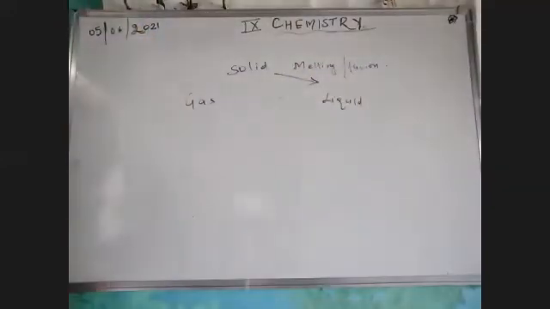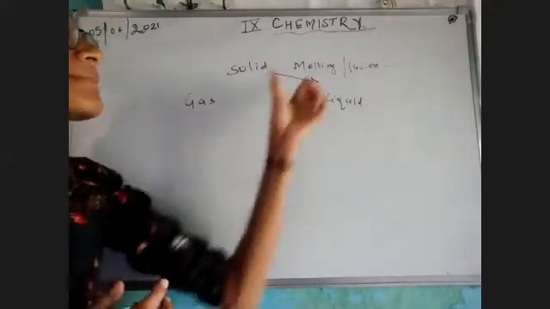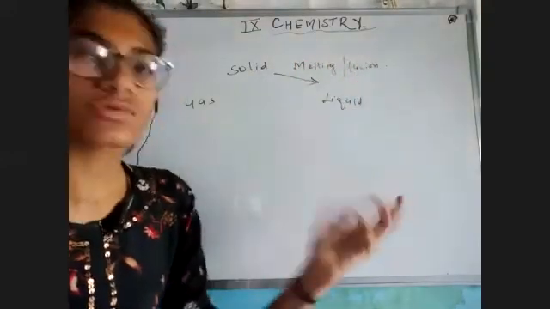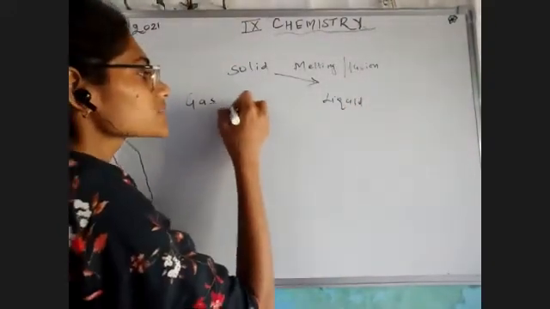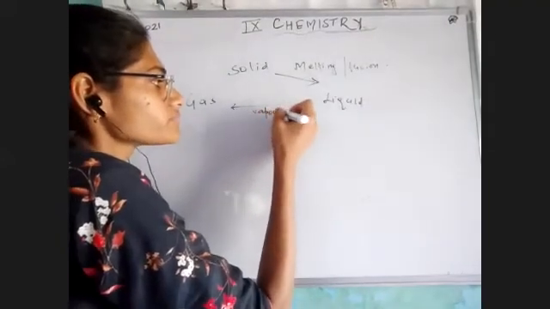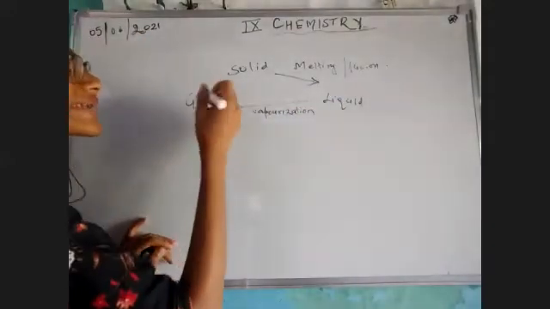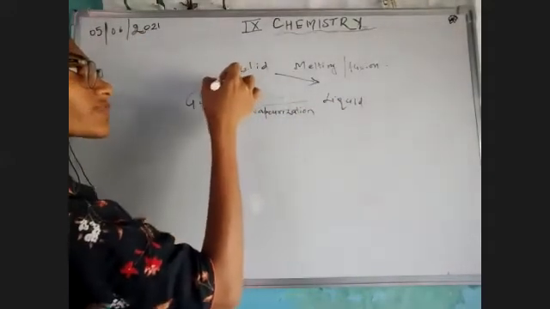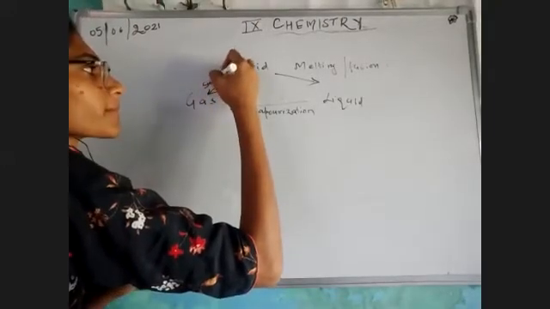In our previous class, we have studied the latent heat of fusion, in which I had told you melting is also named as fusion. Okay, if my liquid is converting to gas, this is known to be vaporization, or we can say boiling. But one more point, if my solid is converting to gas, this is known to be sublimation, right?